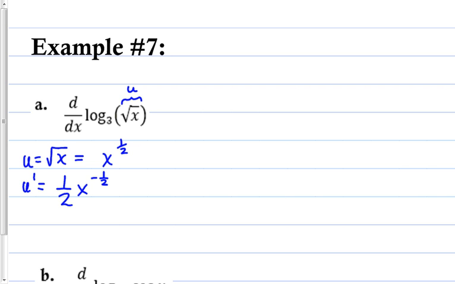And now I apply the formula. The derivative is going to be u prime on top, so 1/2 x to the negative 1/2 power. I'm going to write that as 1 over 2 square root of x because that means the same thing.